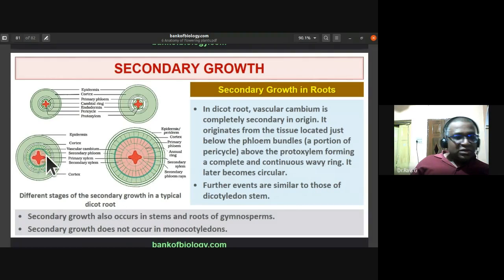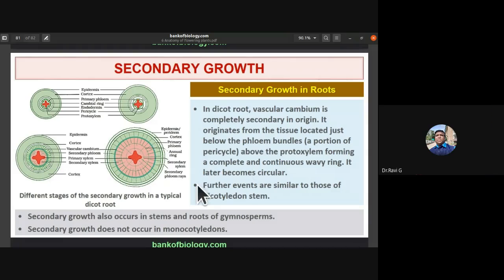So a complete and continuous wavy ring is formed from the pericycle above the protoxylem. It later becomes circular. Here you can notice it is circular, but earlier the cambial ring is wavy in nature. Further events are similar to those of dicotyledonous stem.